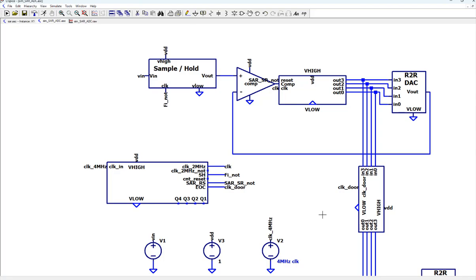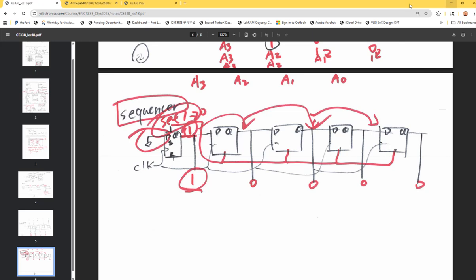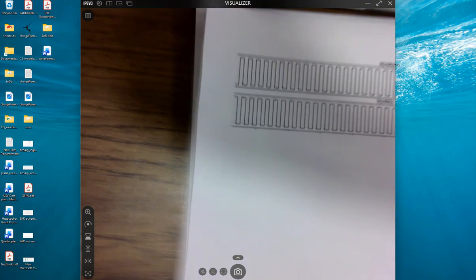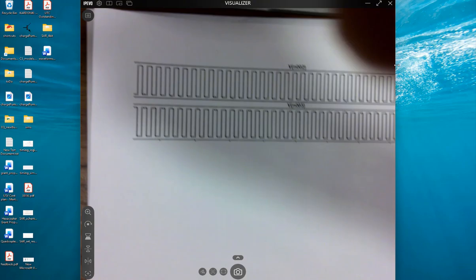That's why I gave you these figures to let you design the sequence. You can print as many as possible. I just randomly created a clock in LTspice and printed it out. You can start drawing on it. Let's go through that really quickly. You can tell the major driving clock is the clock shorted to the sequencer.